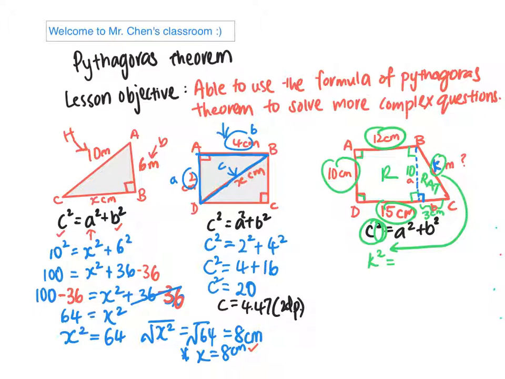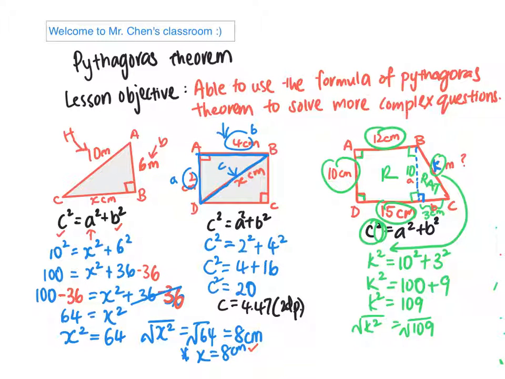A will be 10 squared, and B will be 3 squared. So K squared is equal to 10 squared, which is 10 times 10 is 100, plus 3 squared, which is 3 times 3 is 9. So K squared will end up being 109. And bear in mind we have to square root that.